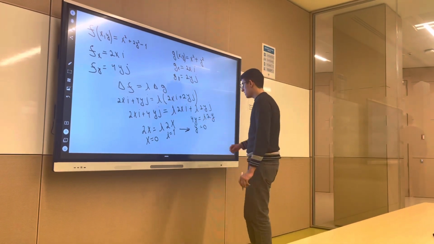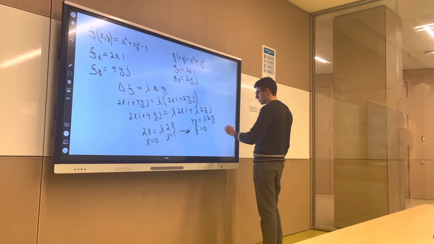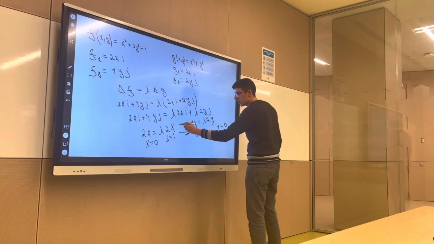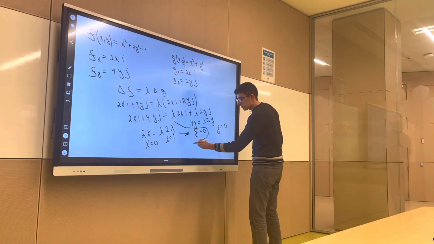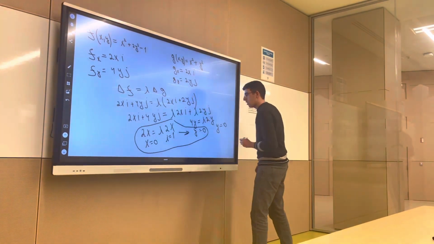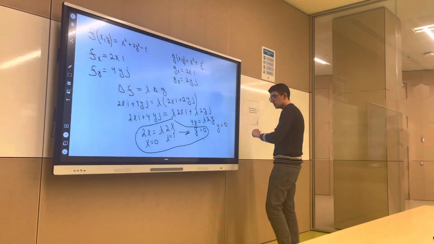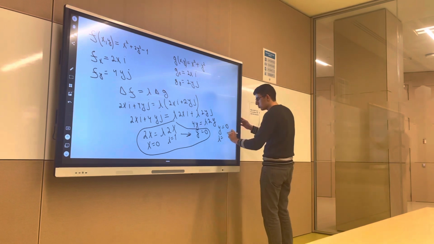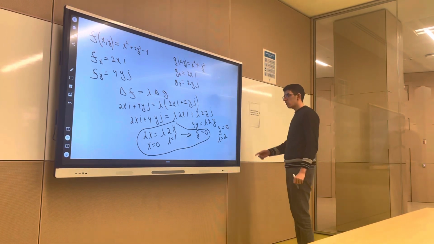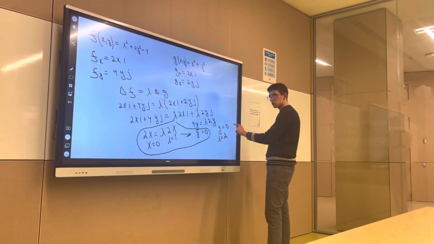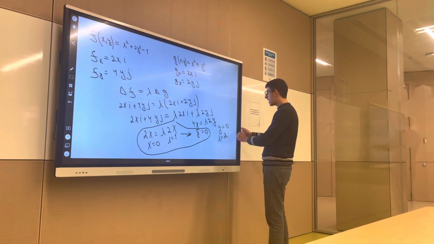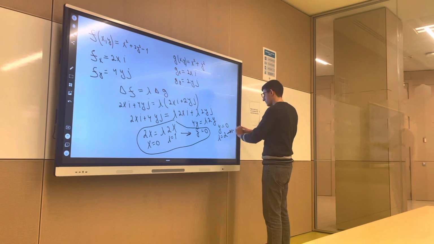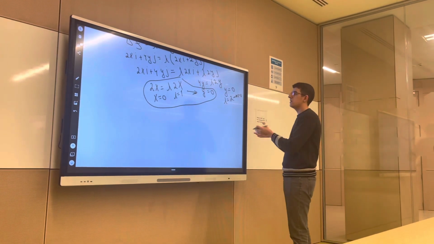And also in this part we have two options. y can be 0, or lambda can be equal to 2. If lambda equals 2, it means that x automatically is 0. So we get these findings.